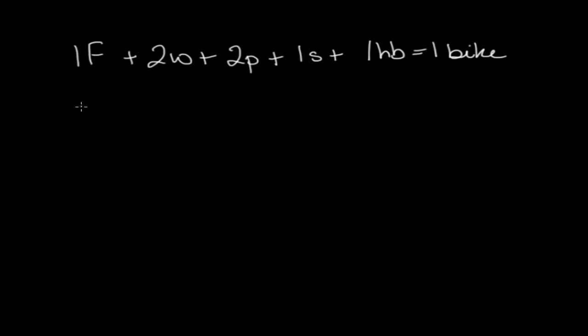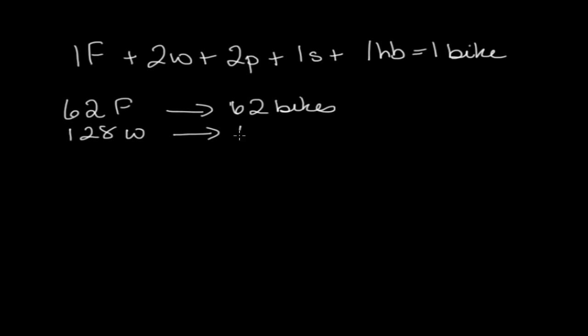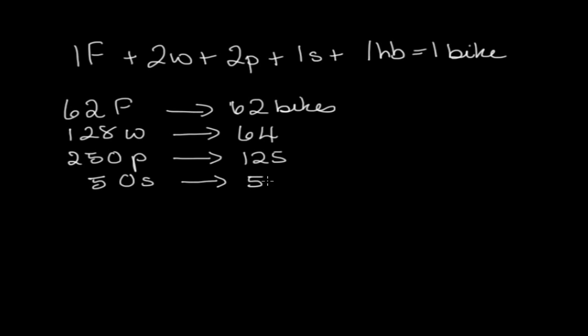Now, if we've got 62 frames, that would allow us to make 62 bikes. 128 wheels would make us 64 bikes because we need two per bike. 250 pedals would give us 125 bikes. 50 seats would give us only 50 bikes.